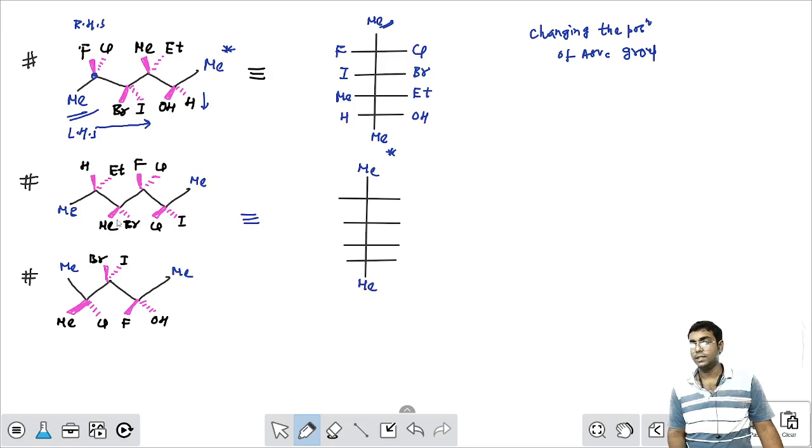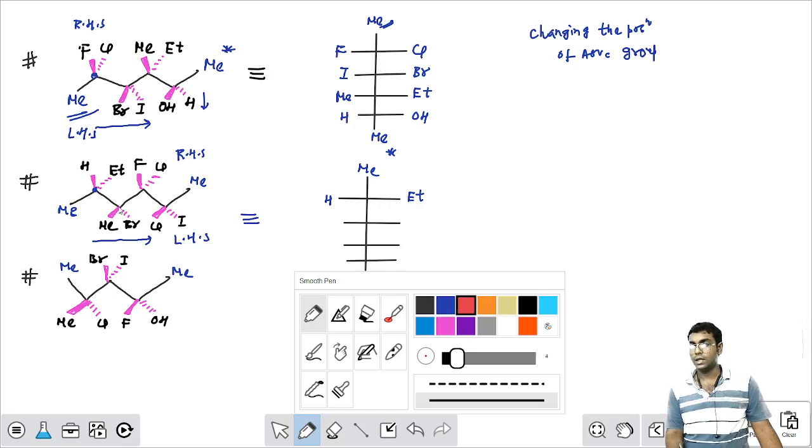We are seeing the molecule from left hand side to right hand side. That means this side of the concave will be right hand side and this side of the concave will be left hand side. Fine. So we can see in this carbon the above the plane group is hydrogen, which is situated in the right hand side, so we have to keep it in the left hand side of the Fisher projection, and another group is ethyl.